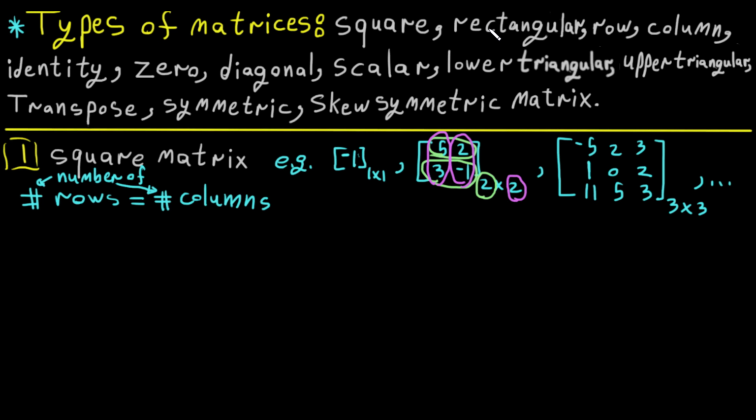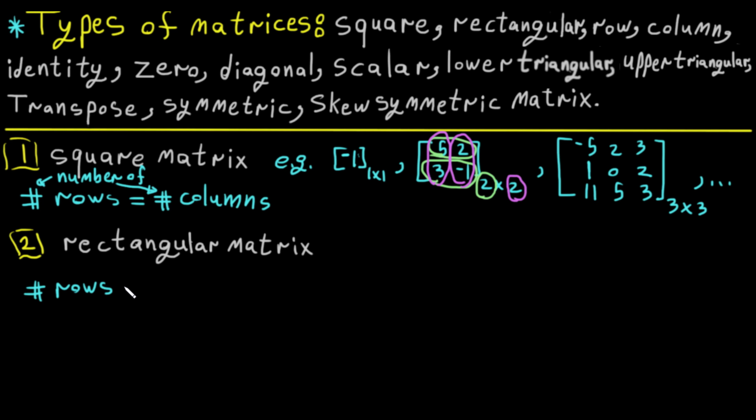The second one is rectangular. We will write it here. Rectangular matrix, the opposite of this one: the number of rows is not equal to the number of columns.